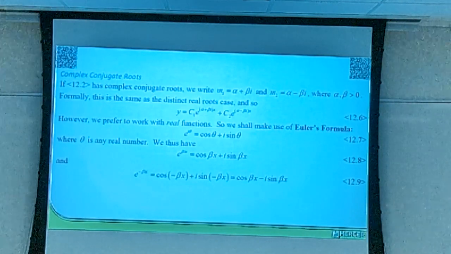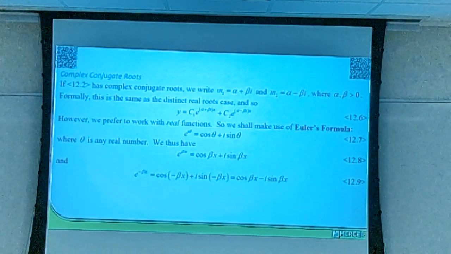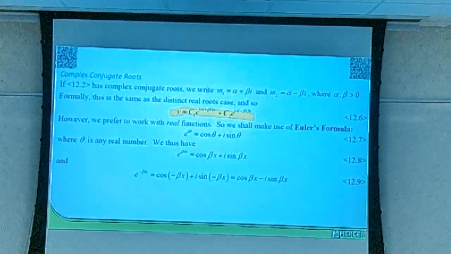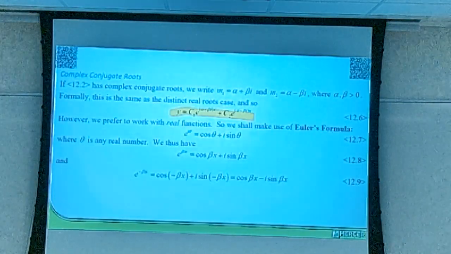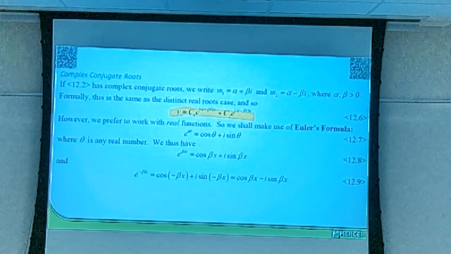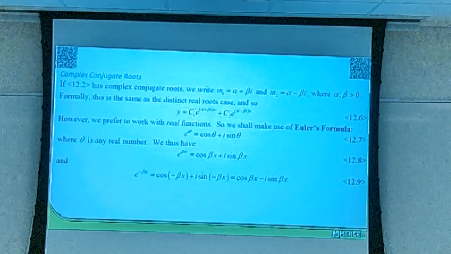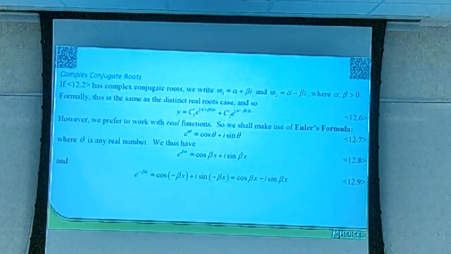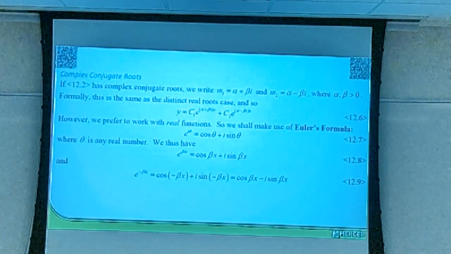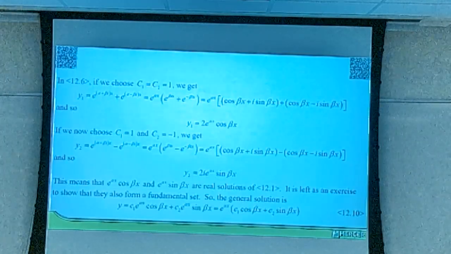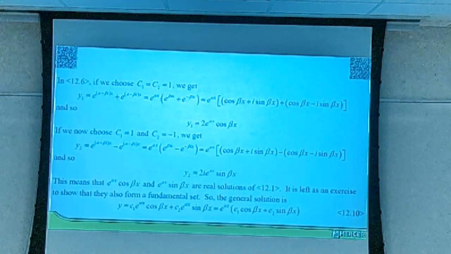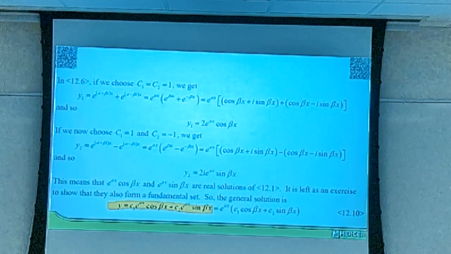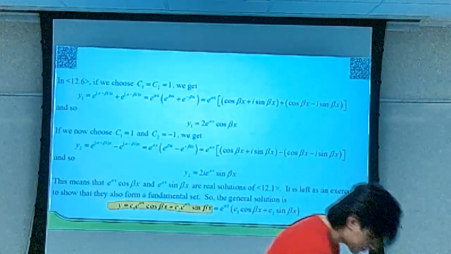In the case of complex roots, technically that's the solution, but we want real valued functions. That's a complex valued function. So we make use of Euler's formula to get that as our general solution for complex.